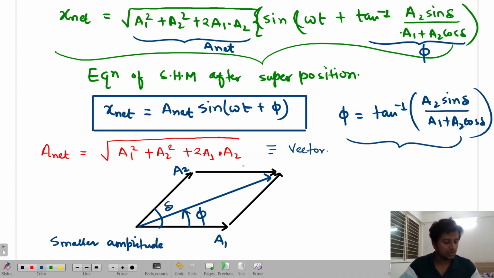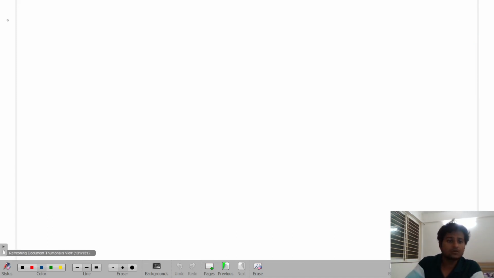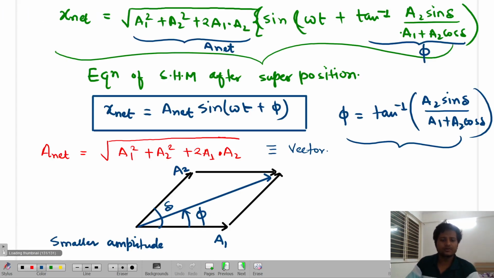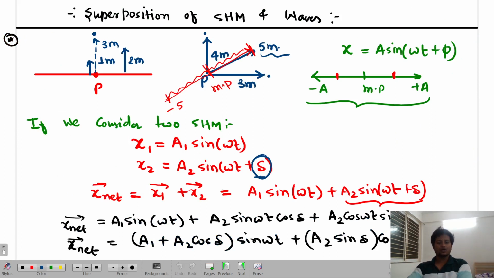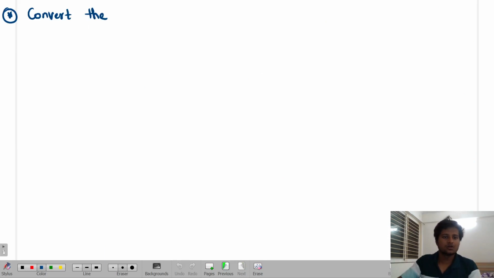So the question arises that how you are going to do all this superposition. You have to consider some factors. The first thing is that you have to convert all the trigonometric ratios. The SHM equations can be anything, na? It can be even cos, it can be also sec or cosec or something like that, isn't it? So you have to convert all the trigonometric ratios.